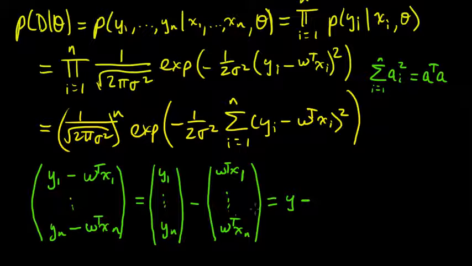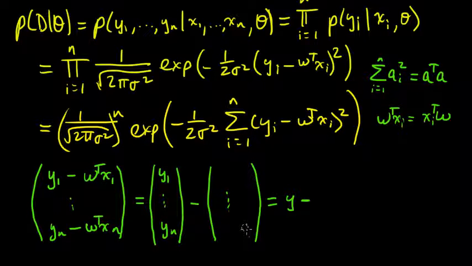And this part here, actually, we can always say w transpose xi equals xi transpose w, because this is a scalar quantity, and the transpose of a scalar is itself. So let's switch these, I think that's going to make our life a little easier.